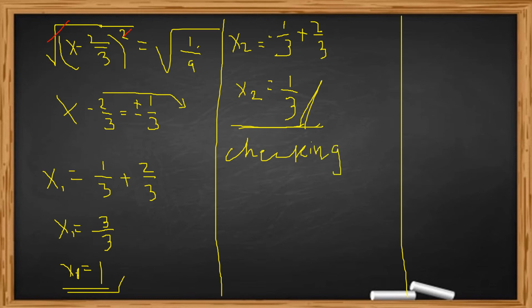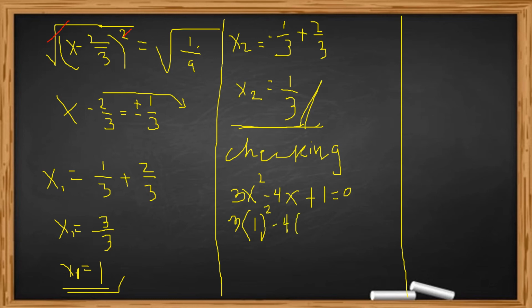So our original equation is 3x squared minus 4x plus 1 equals 0. By substitution, our first value of x is 1, so 1 squared minus 4.